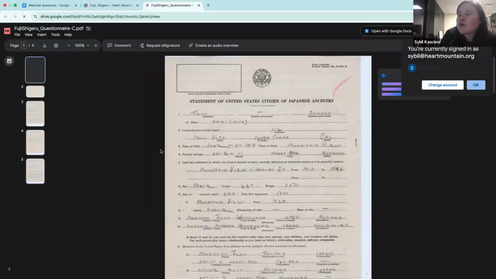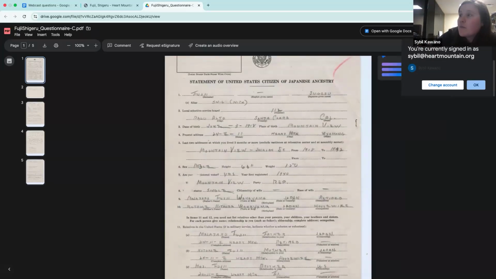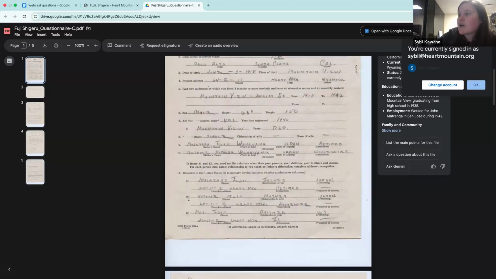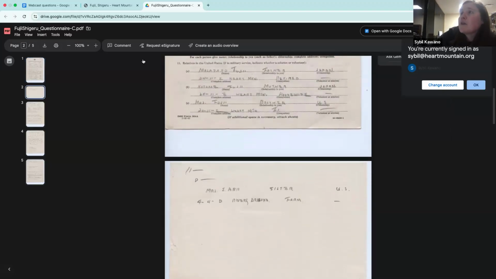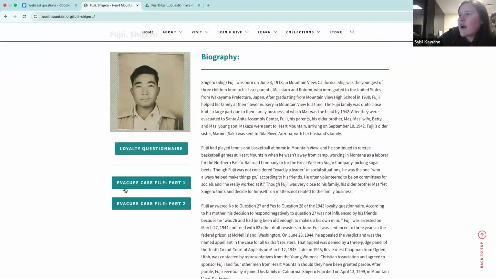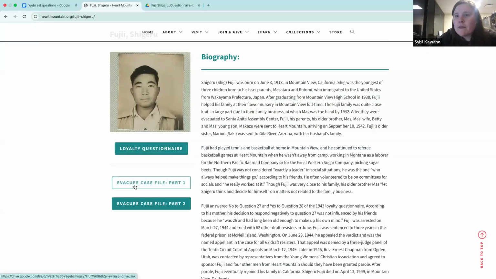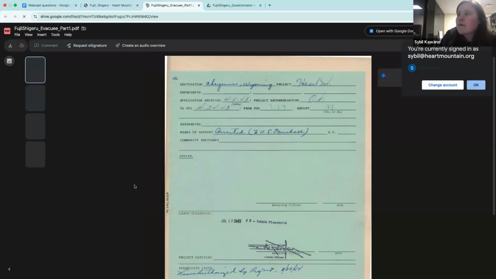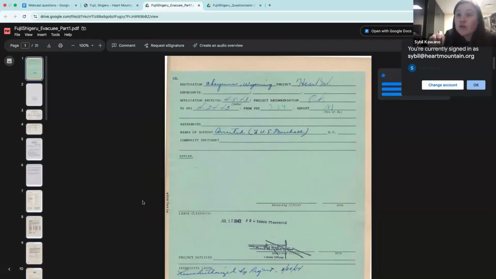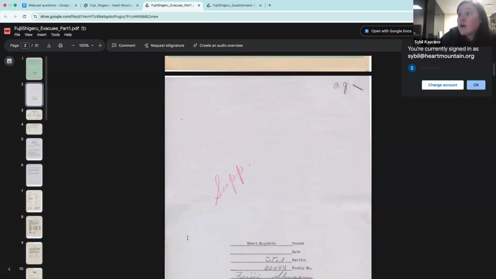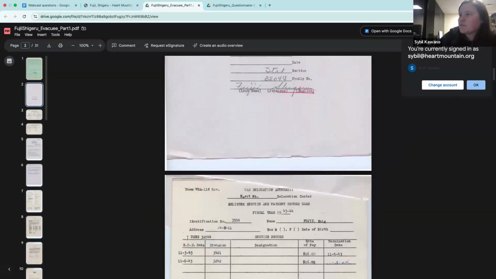Each incarceree who was over the age of 18 had to fill out a loyalty questionnaire, and so you get to see how each draft resistor filled out theirs. We have that here. But then you can also find their case file. Any other files that would be attached to that draft resistor, you can find here. So you have a good bit of information.